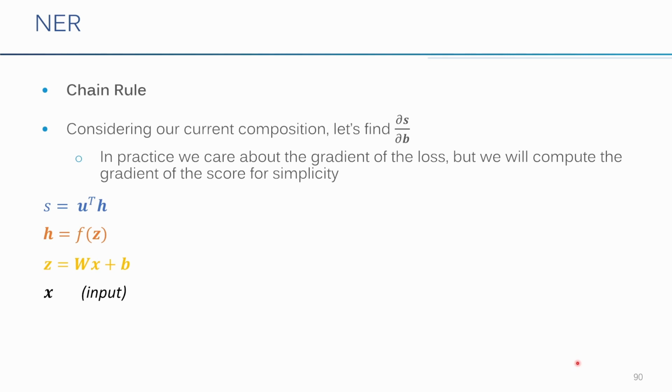So let's apply this to our example. Consider our current composition. Let's try to find how to actually wiggle the values of s with respect to b. So our final value that we want to put in our logistic function, how we should wiggle those values.